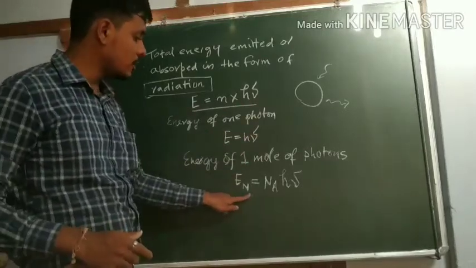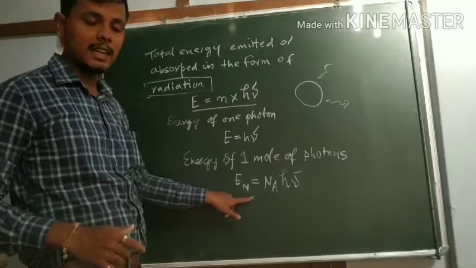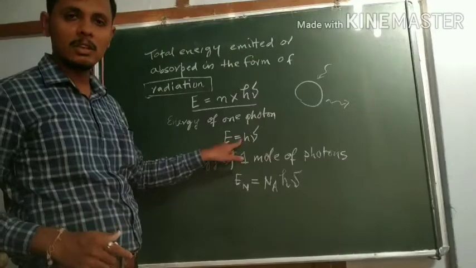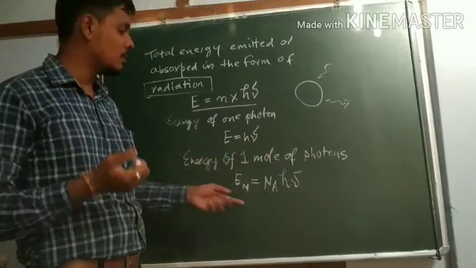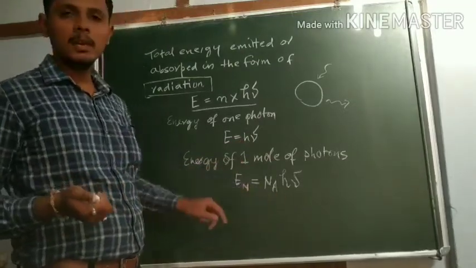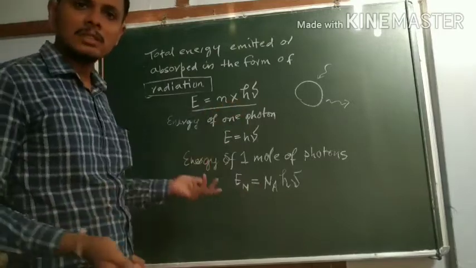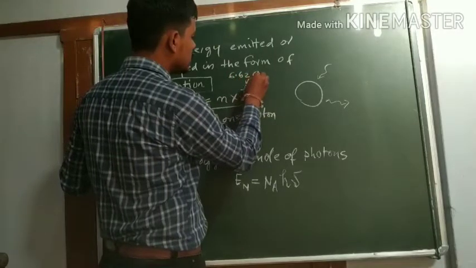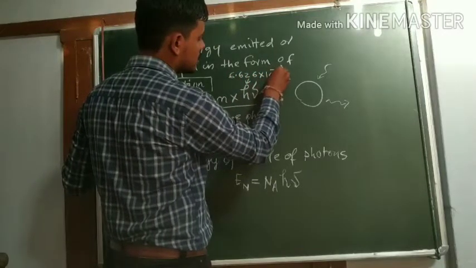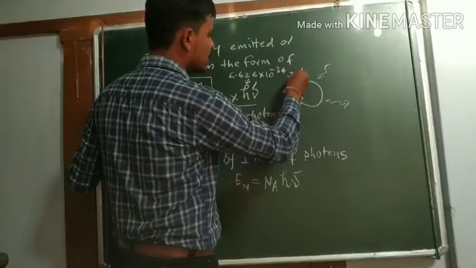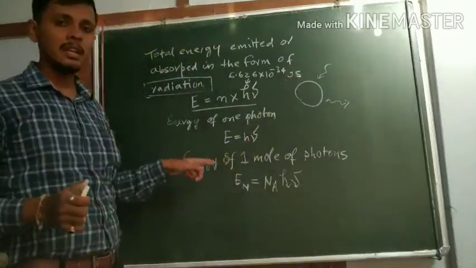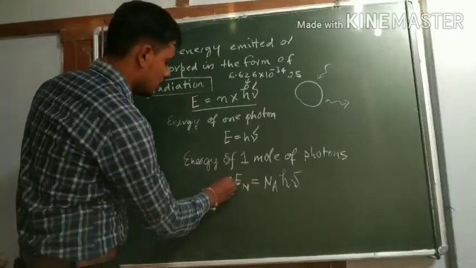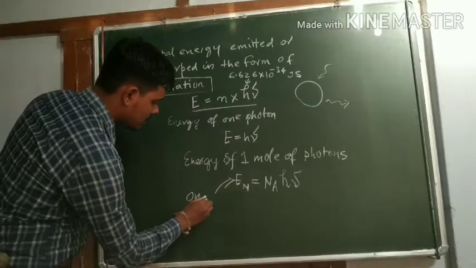So the energy of 1 mole of photons, En equals Na into h nu, where h is the Planck's constant that I already told you, which has the value 6.626 into 10 to the power minus 34 joule second. And this is the energy of 1 mole of photons, which is called 1 Einstein.